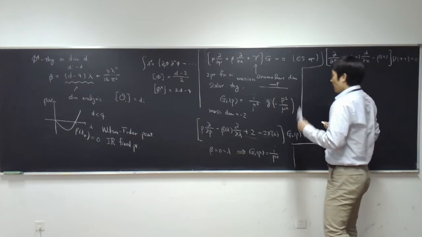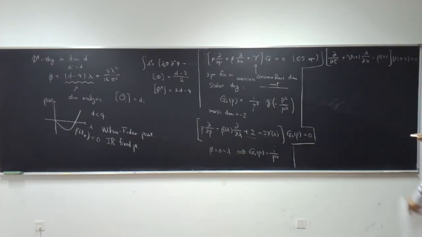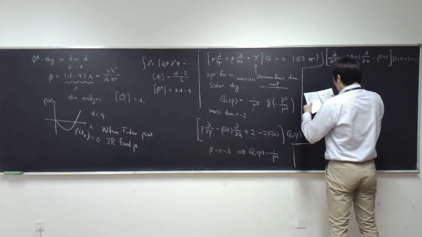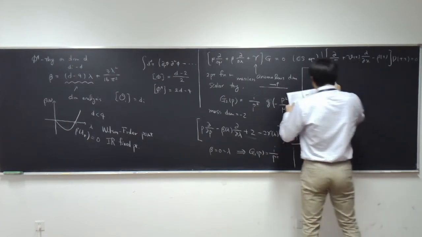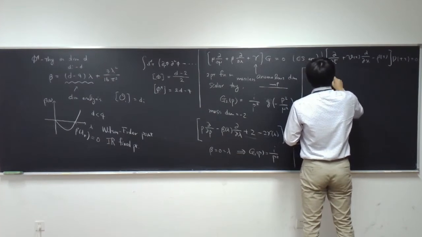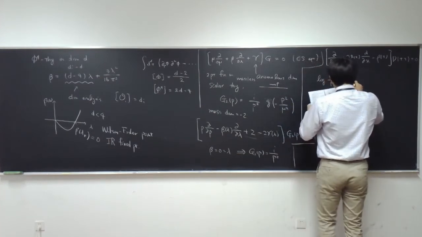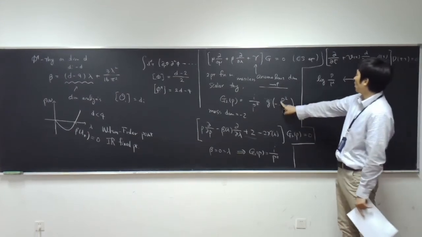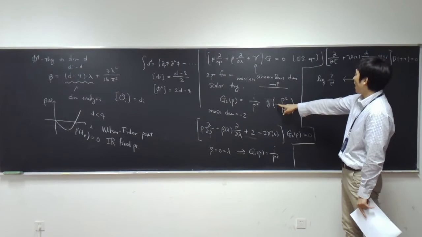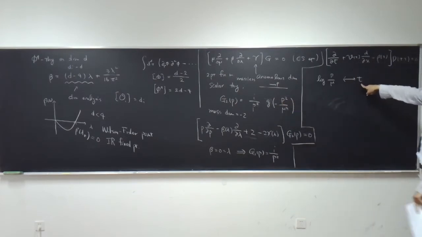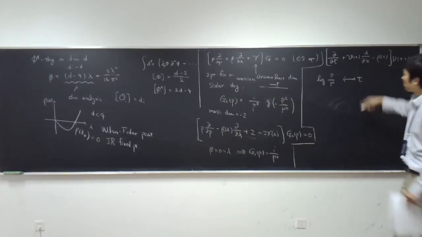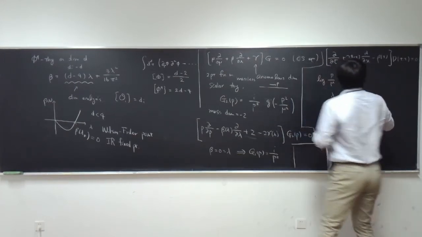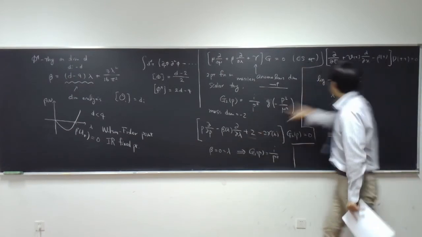The analogy comes as follows: log of p over mu is the same as t, up to a factor of -2, and lambda corresponds to x. So this lambda derivative corresponds to the x derivative.